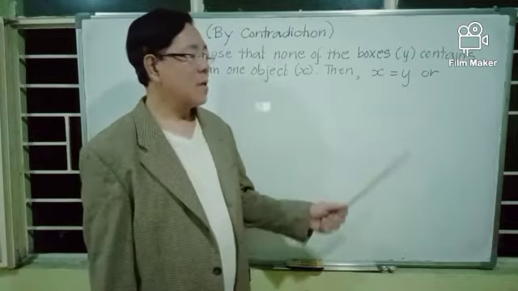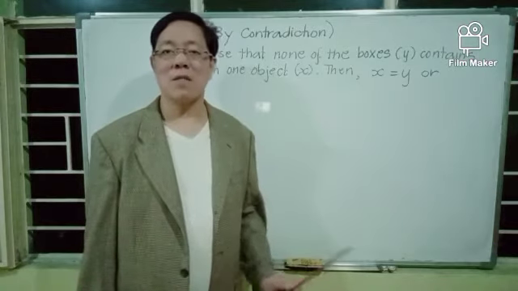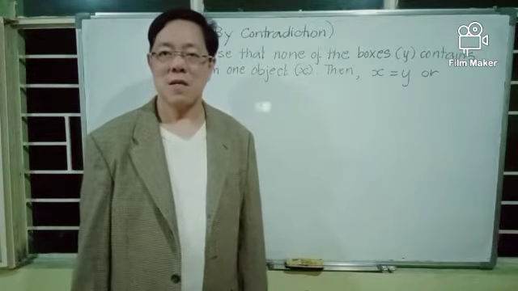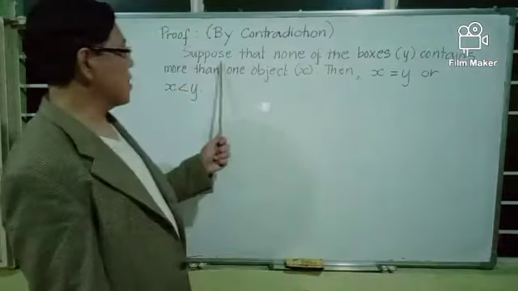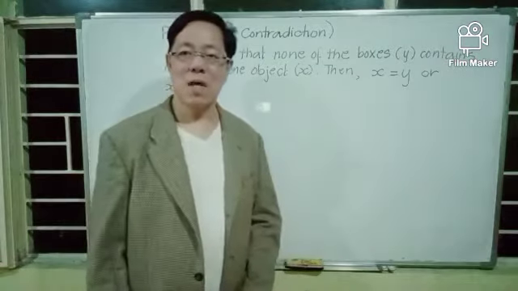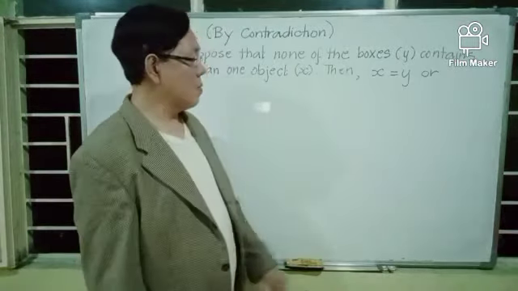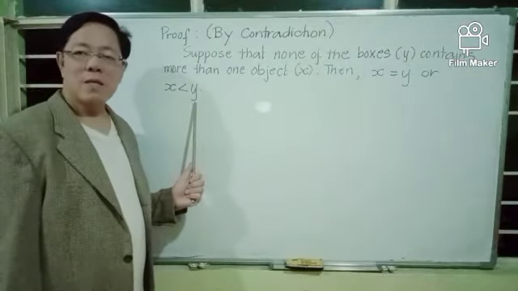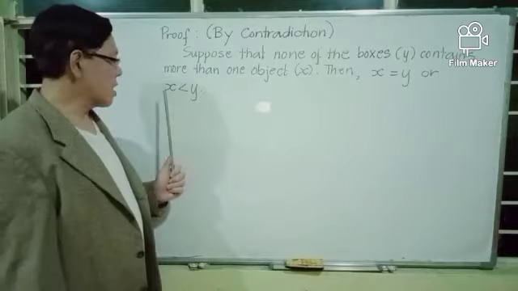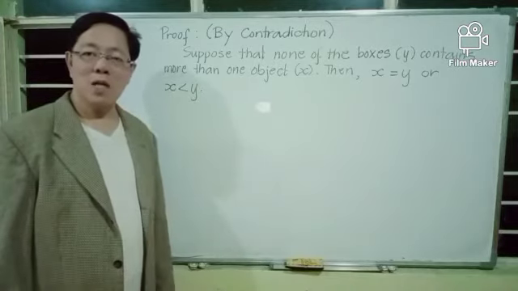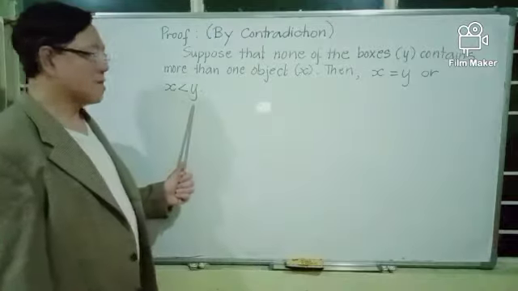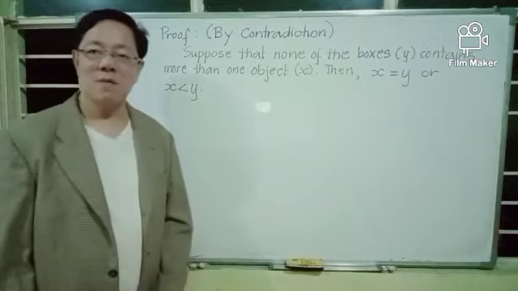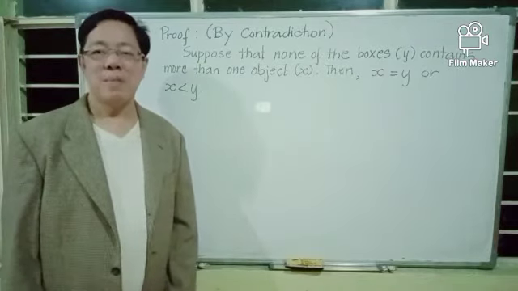Or there are Y boxes, some of the boxes contain exactly one object and the other boxes are empty. And this statement is also true. None of the boxes contains more than one object. If the number of objects is less than the number of boxes, we can place one object to some of the boxes, and some of the boxes are empty because the number of objects is less than the number of boxes.